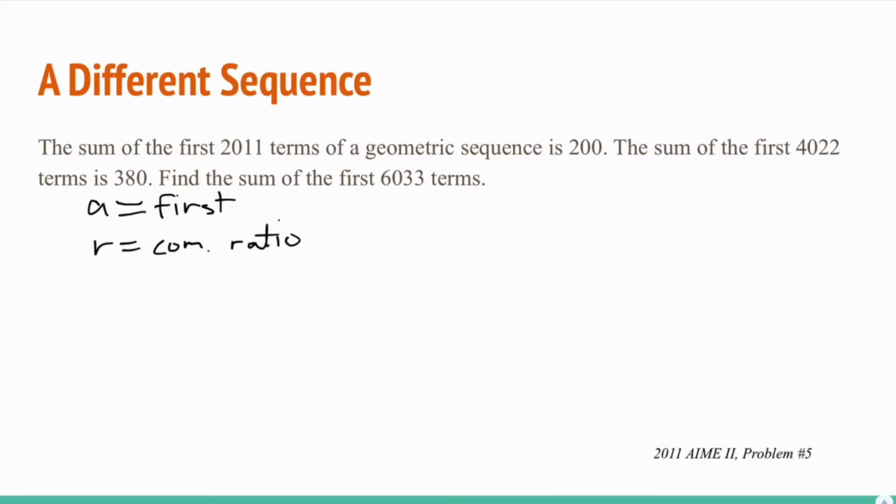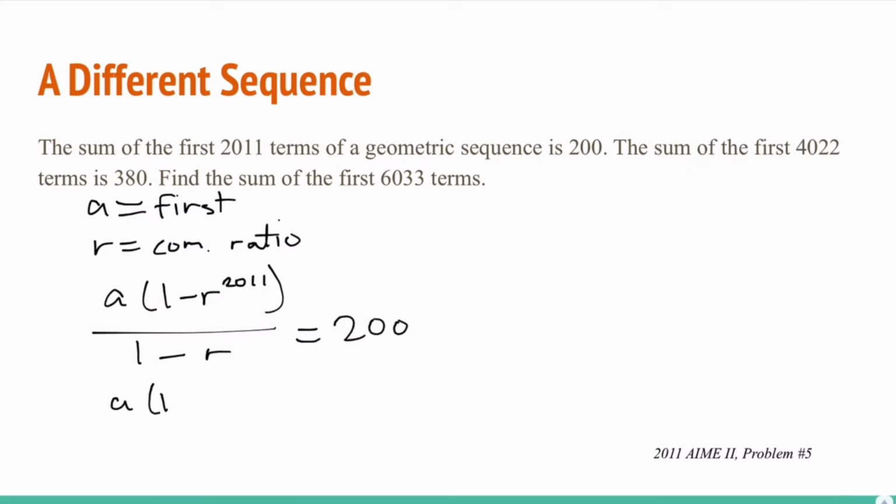Then, from the geometric series formula, we get a times 1 minus r to the 2011 power divided by 1 minus r equals 200, and a times 1 minus r to the 4022 over 1 minus r equals 380.